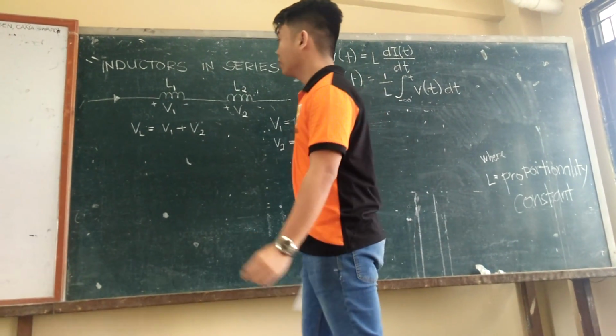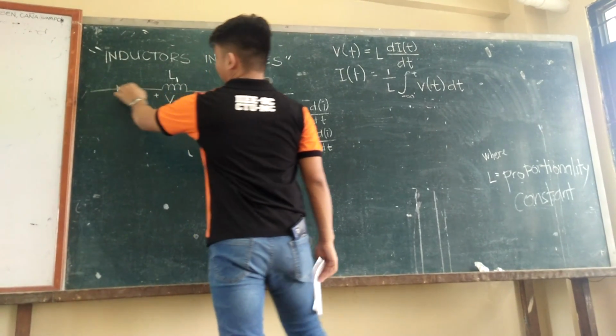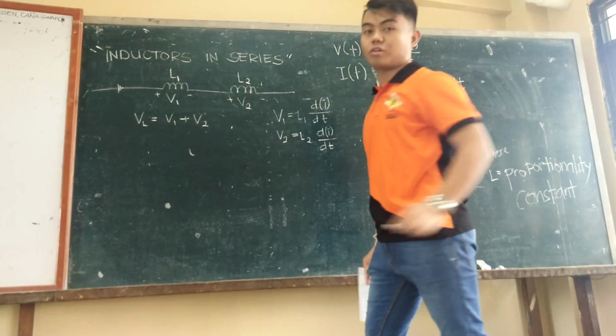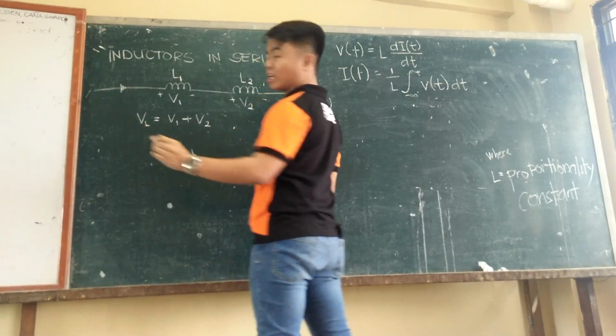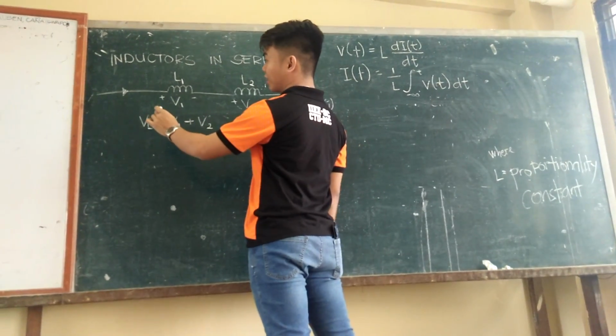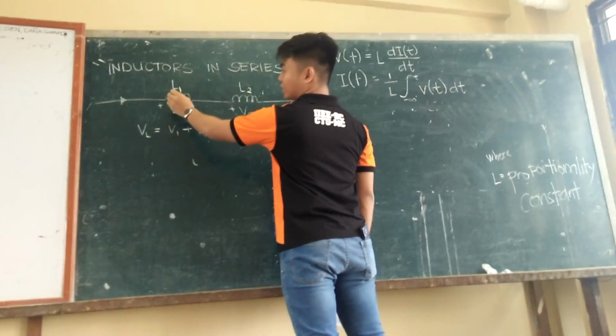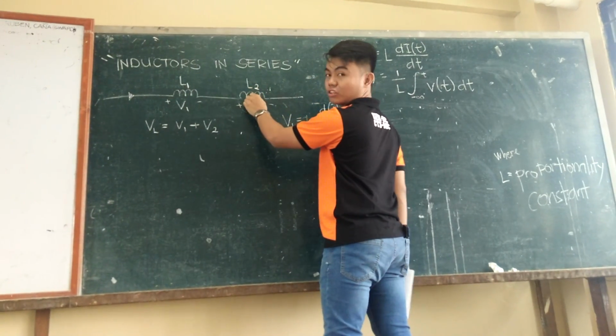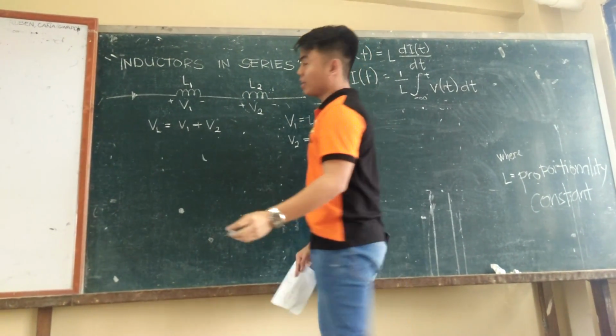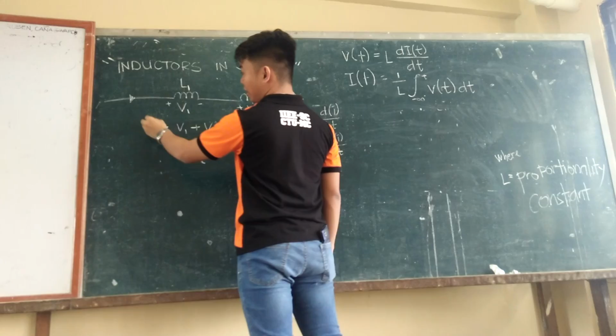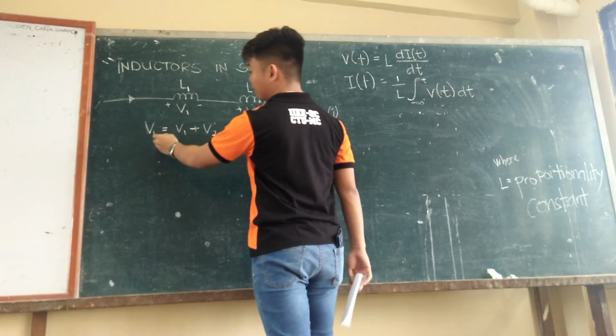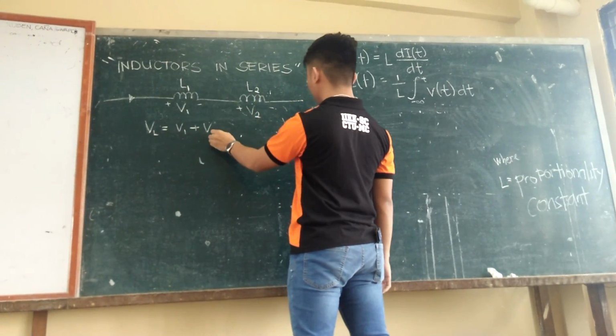Inductors in series. We can say that this is a series circuit. We know that the total voltage in a series circuit is equal to the voltage in L1 and the voltage in L2. So we can simply say that the total voltage is equal to V1 plus V2.